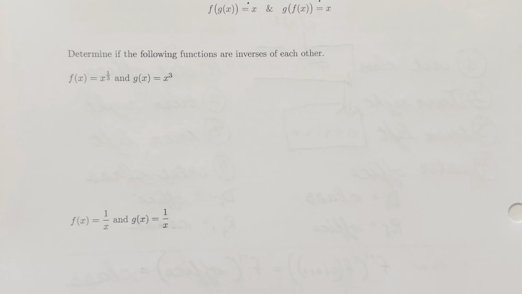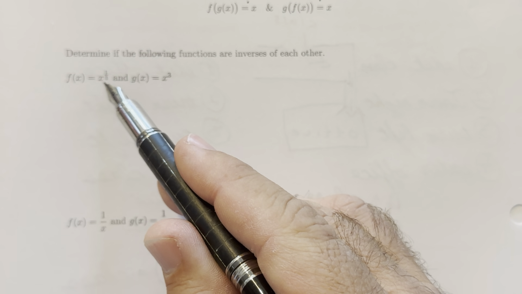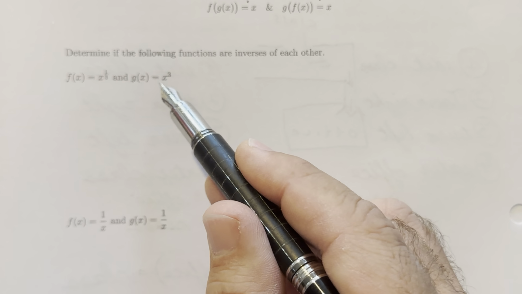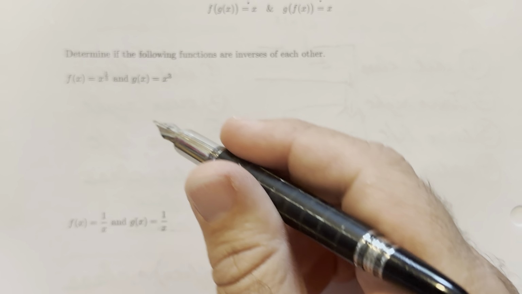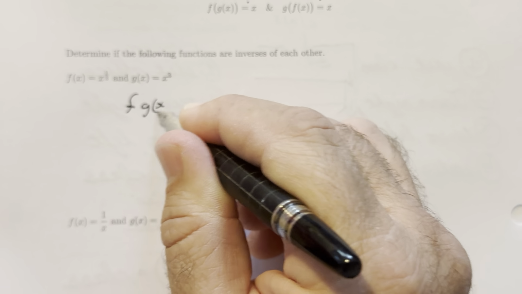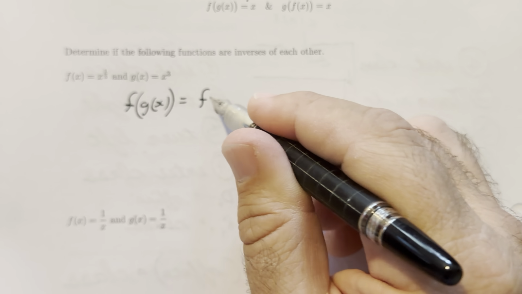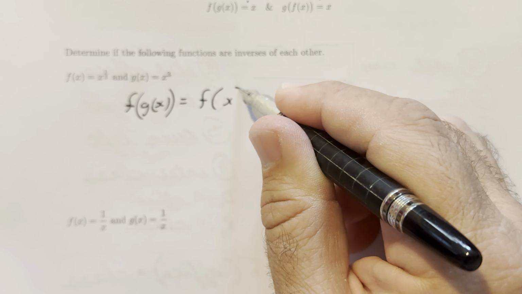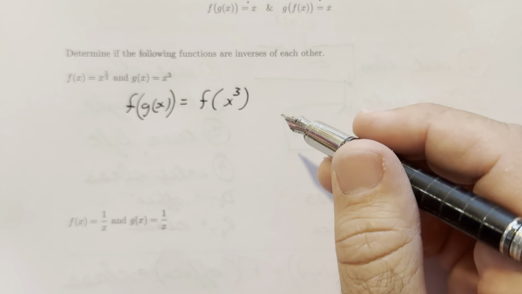So let's look at this first one here. We've got f as the cubic root of x, and we've got for g the cube of x. So first we do f of g of x. Right, because g of x is really x cubed.